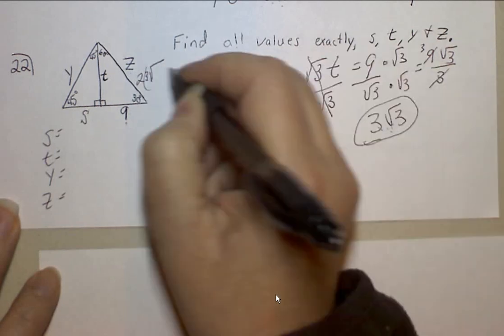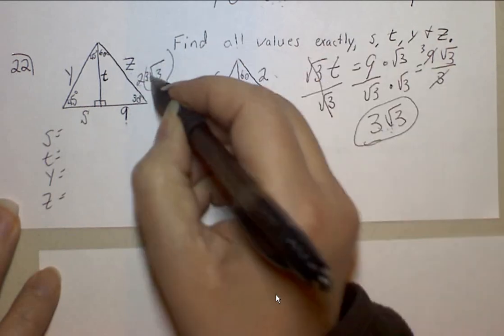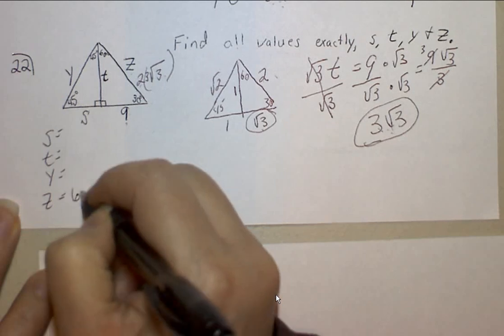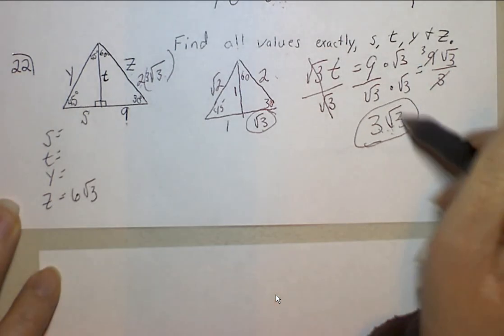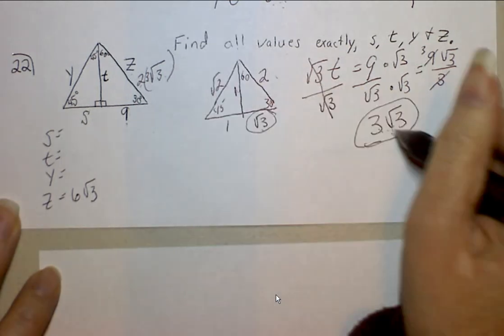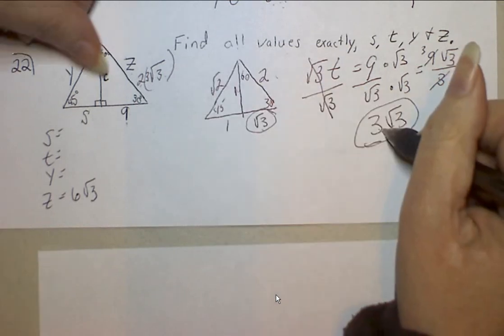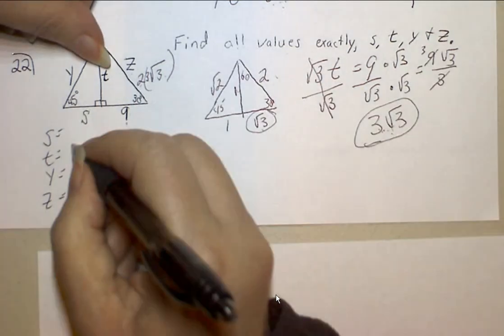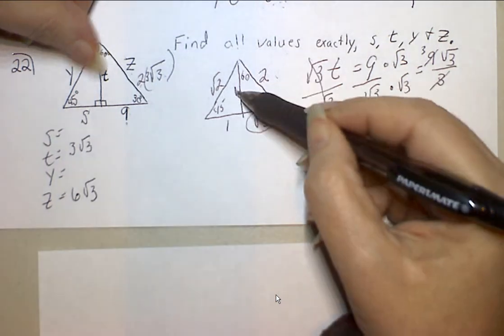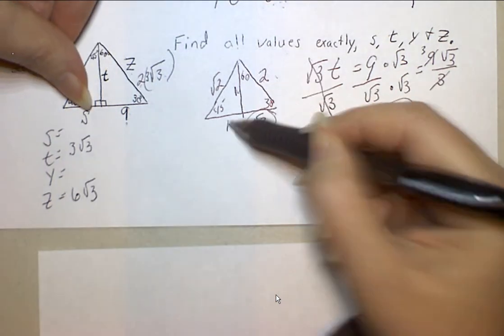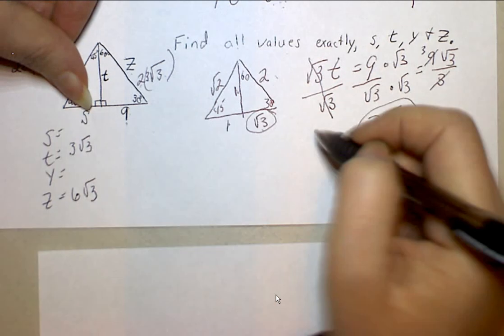So that's 6 square roots of 3. Then I'm going to multiply this by 1. So t is 3 square roots of 3. Multiply this by 1 to get s. So s is also 3 square roots of 3.